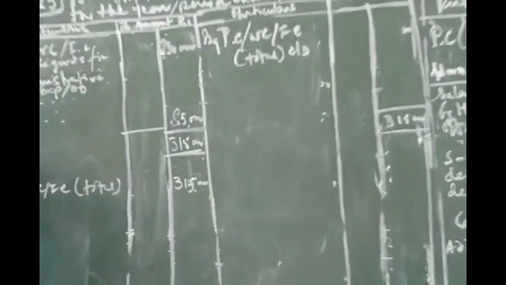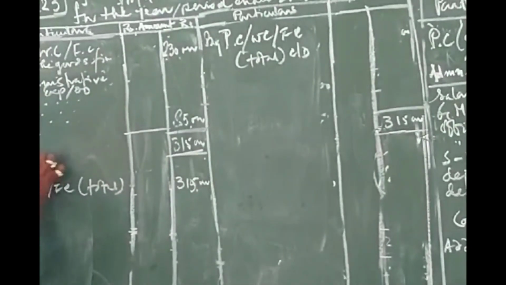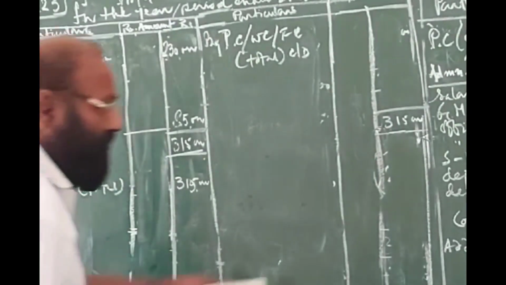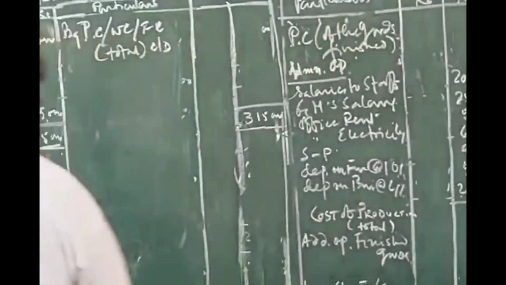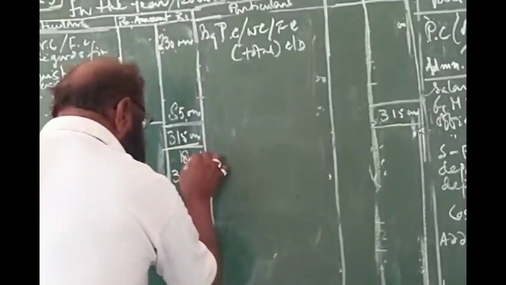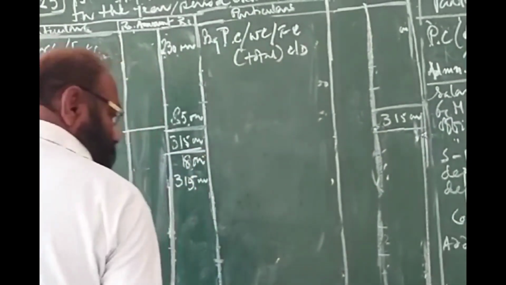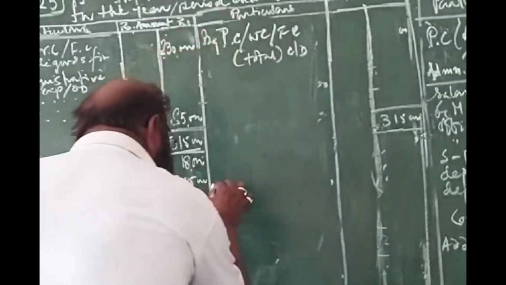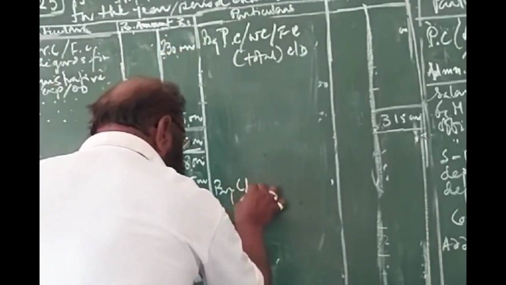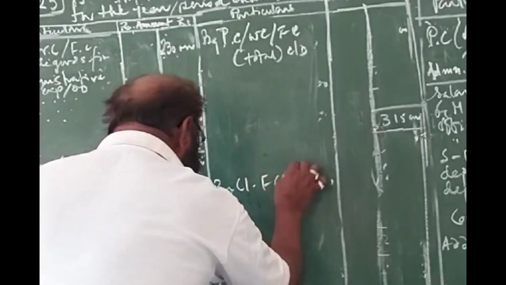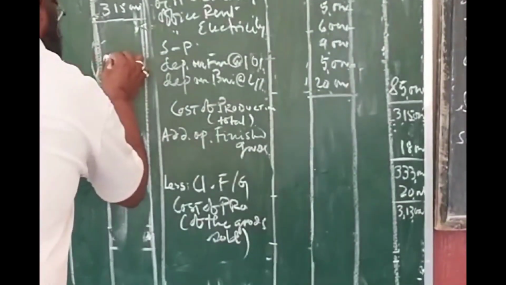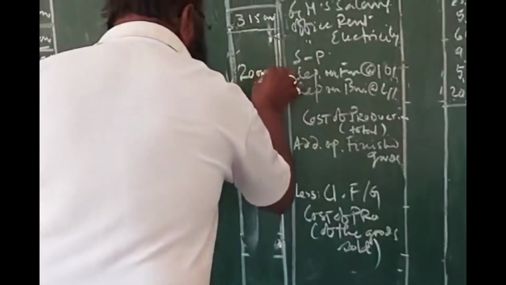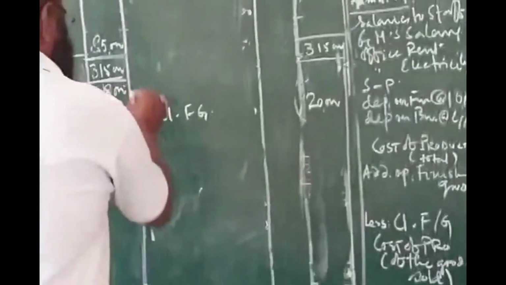Now to this we should add opening finished goods. How much? Opening finished goods, 30,000. Okay. And less closing finished goods. How much is it? 20,000. Clear?